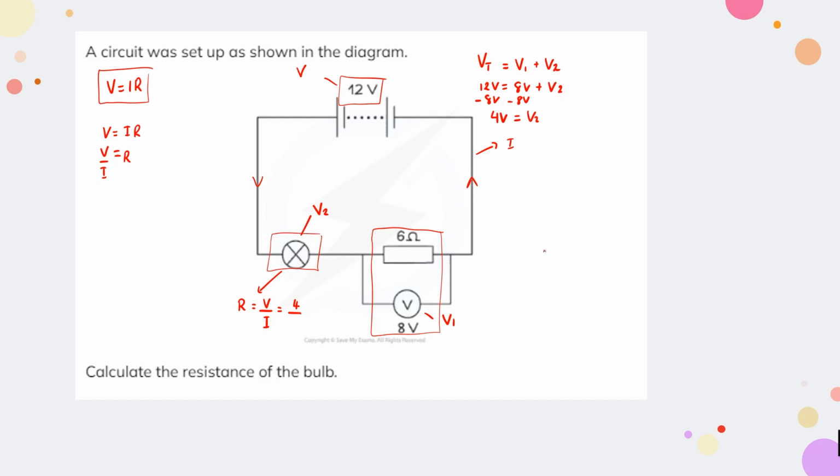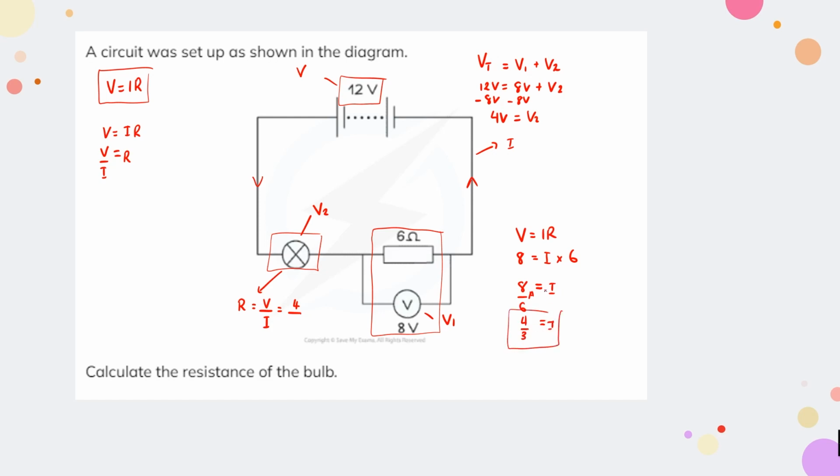So we're going to find out the current over here. If we use V equals IR, we can say that V is 8, and we don't know what the I is, and R is 6. And so we can say the current is 8 over 6 amps, or it's 4 over 3. Okay, so we can leave it at that. So now we found what the current is.